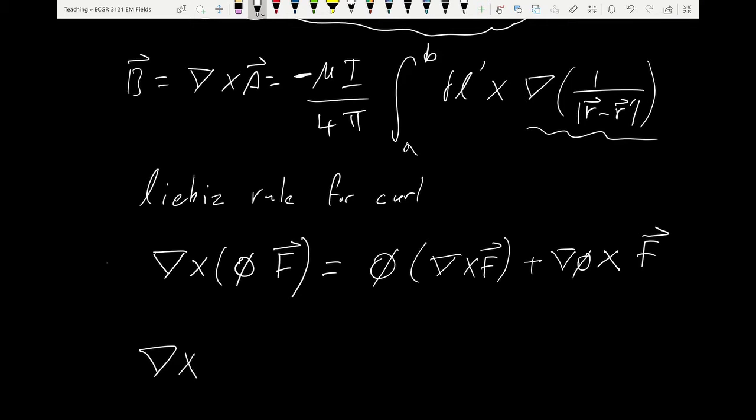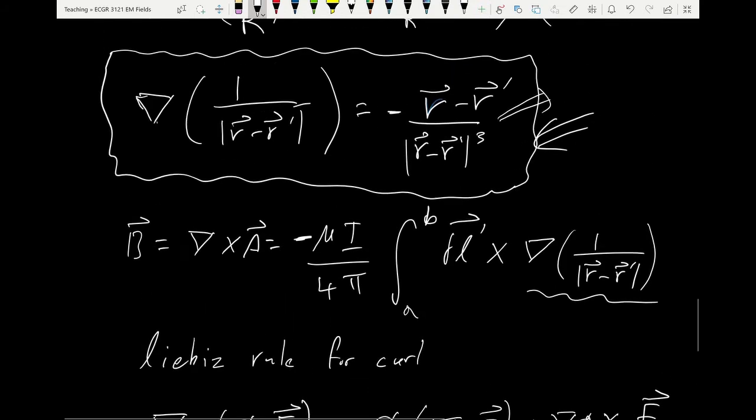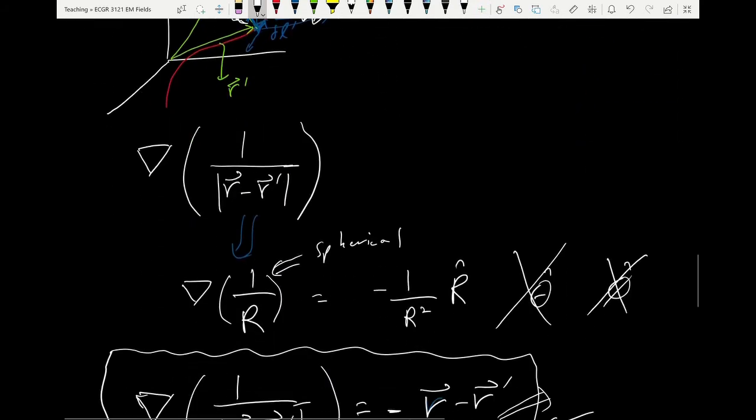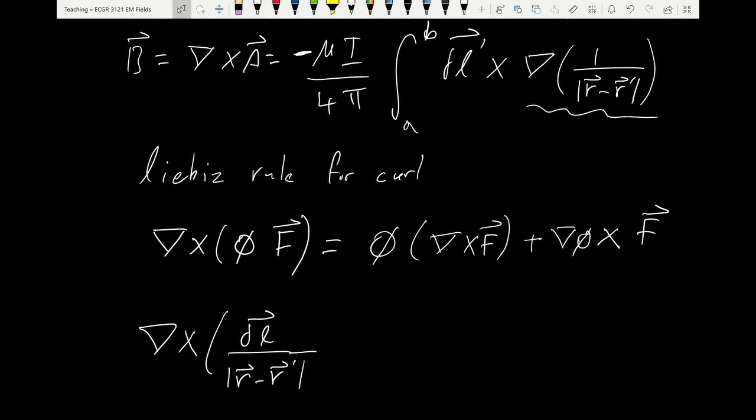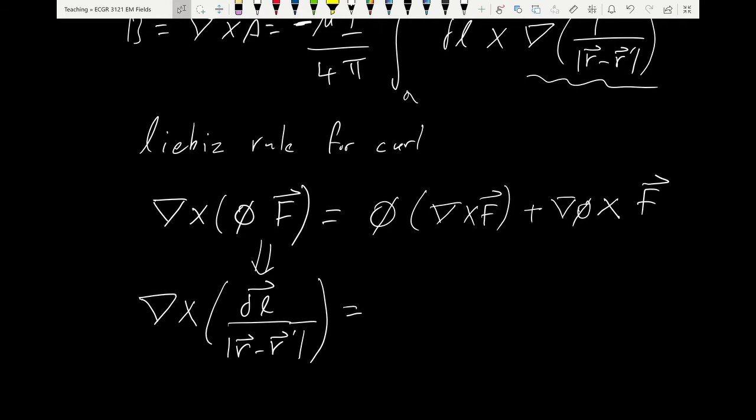Let's say I take the curl of dl vector, which is a vector, over r minus r prime. Let's say I'm trying to take the curl of this. So let me apply the Leibniz rule to this. I just want to show you that we get something that we can substitute back into that integral.